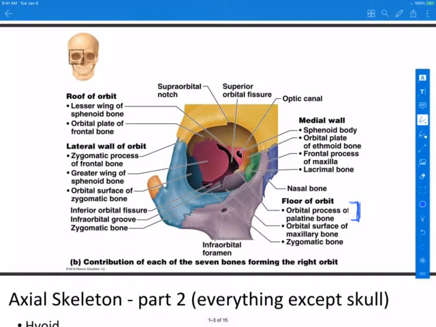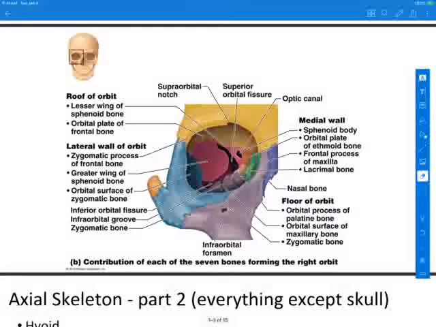And I'll go ahead and color this in blue. It's located right there. And it's just a small little process. The orbital process of the palatine bone is one of the 7 bones that can be found in the orbit of the eye. Okay, so enough said about that.